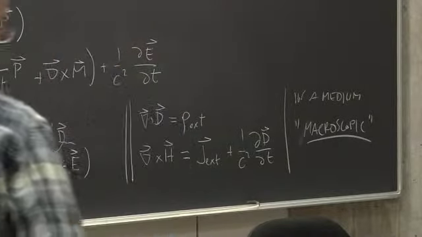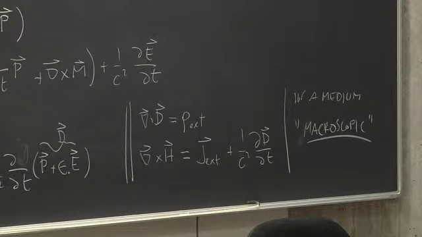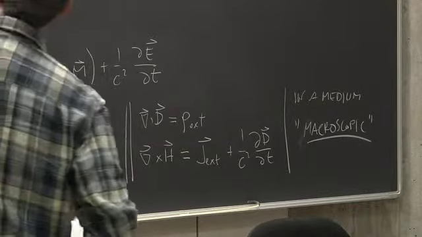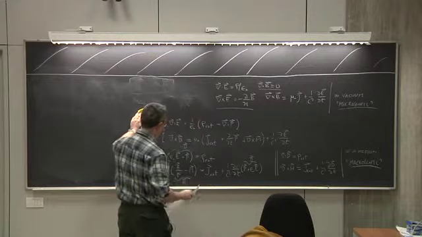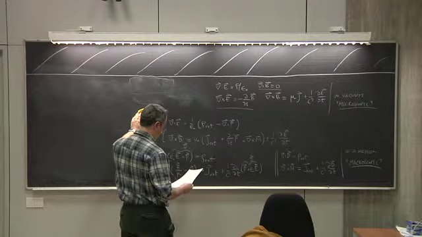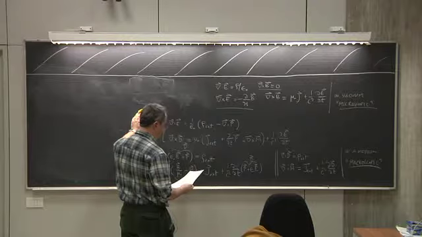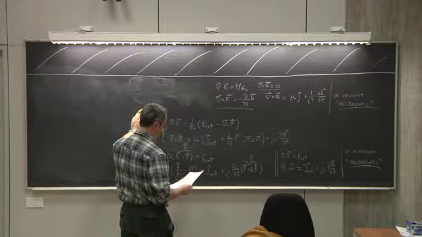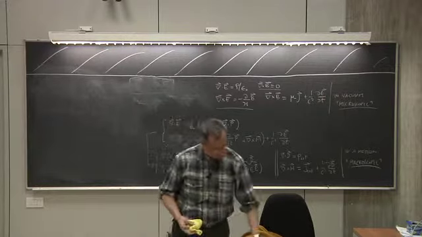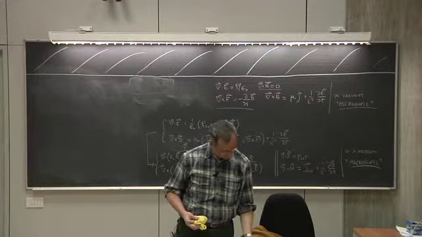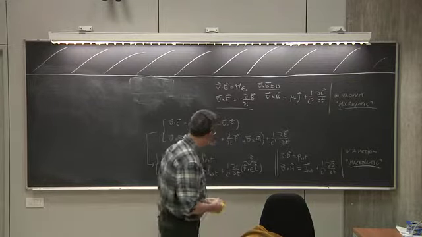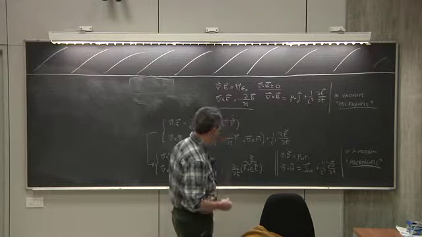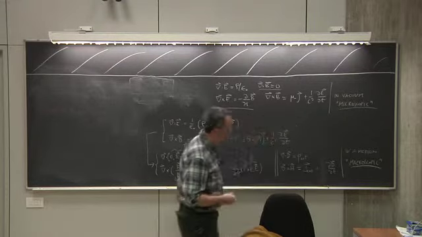So let's dwell for a few seconds more on these questions. So this is the polarization, magnetization, and do I have a c squared there? I'm not sure. I think you don't have this c squared, right? It's like this.